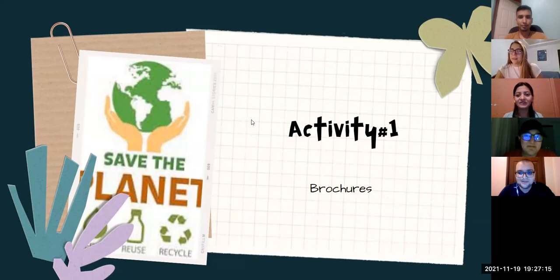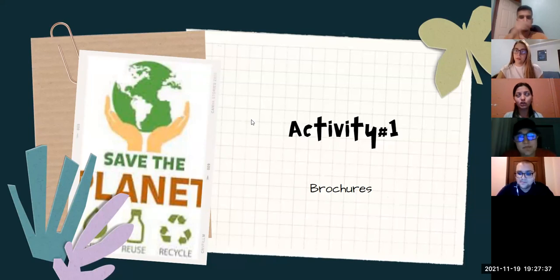So the first activity that we have is using brochures to inform people about the problem, causes and the effects that clandestine landfills have on health and in the environment.